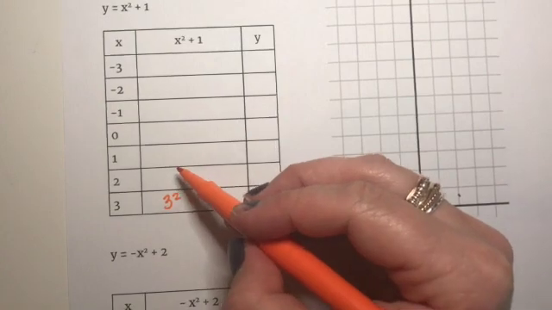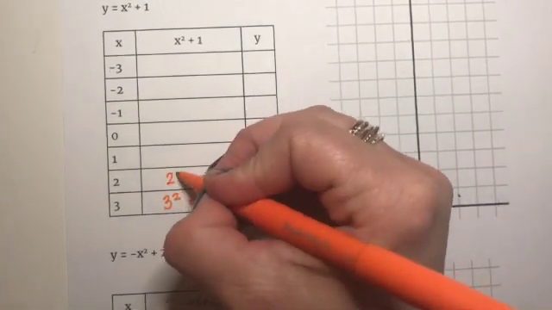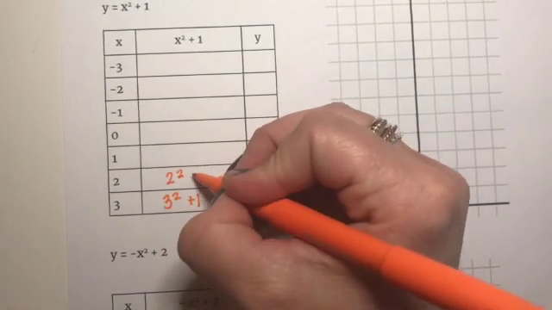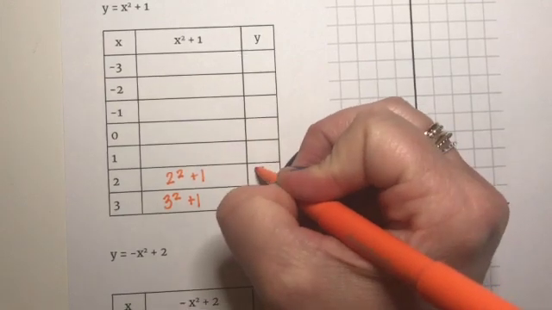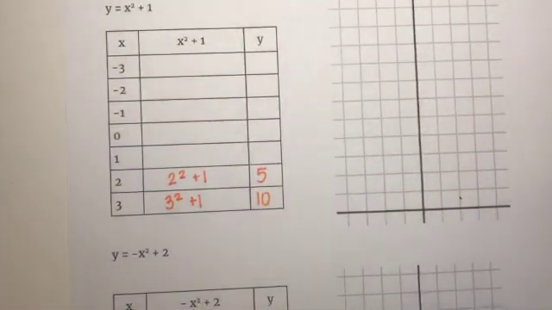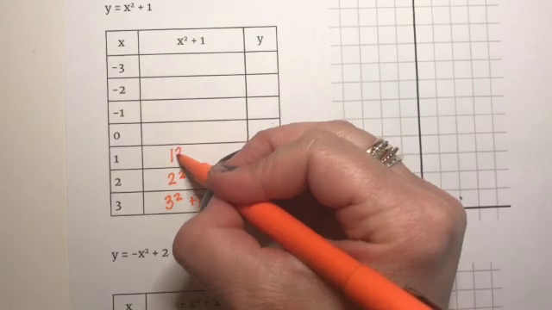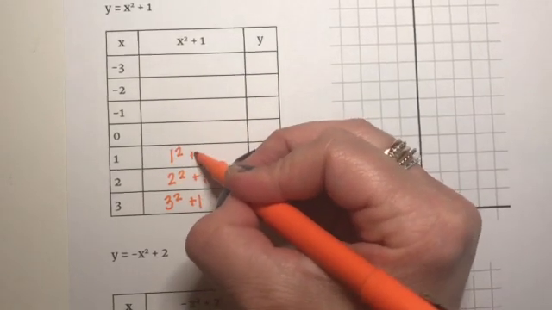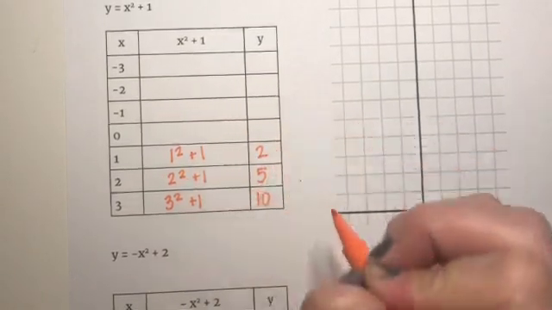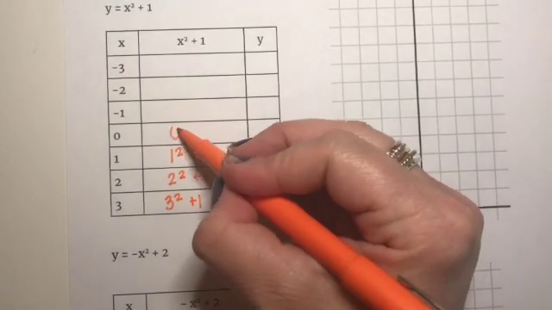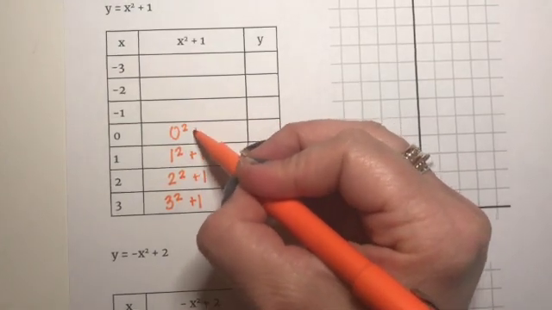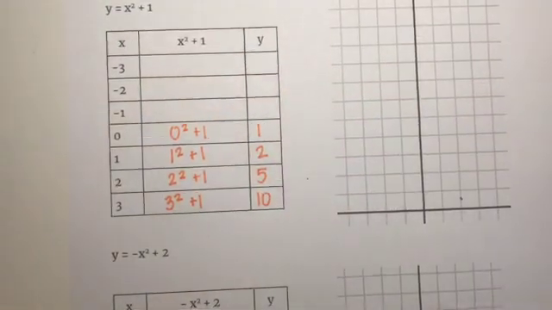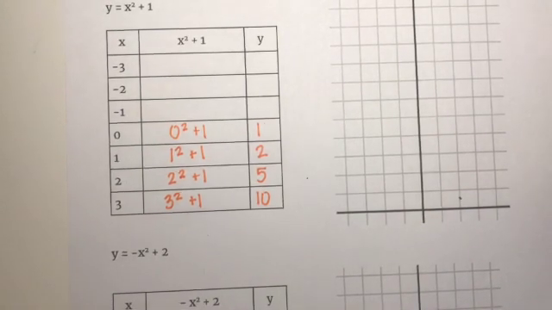Well, what if I take 2 and I square it? 2 squared is 4. 4 plus 1 is 5. What if I take 1 squared? 1 times 1 is 1, plus 1 is 2. Then what's 0 squared? 0 times 0 is 0, plus 1 is 1. Okay, did we all follow along so far?